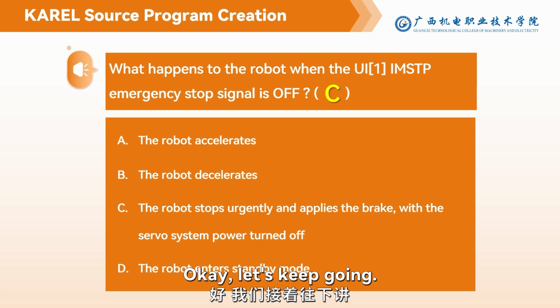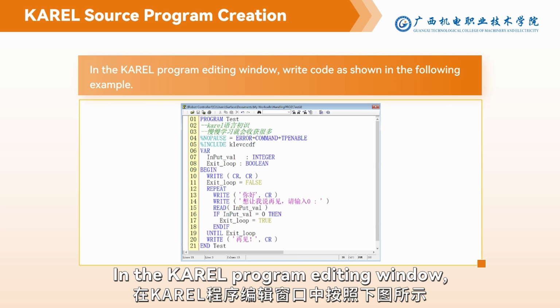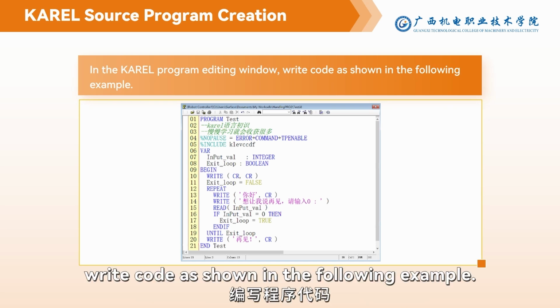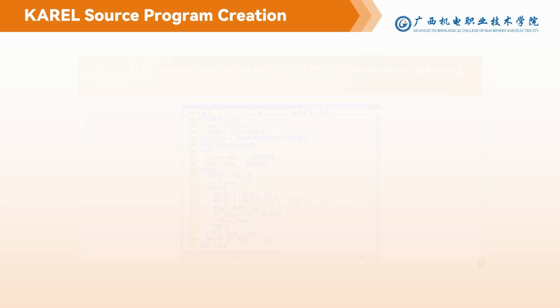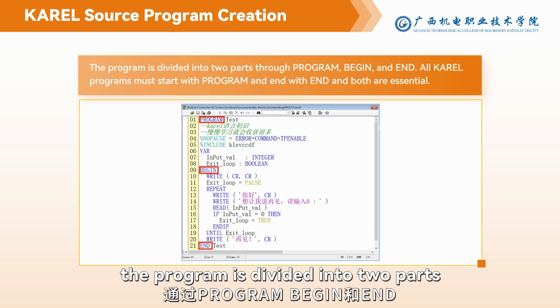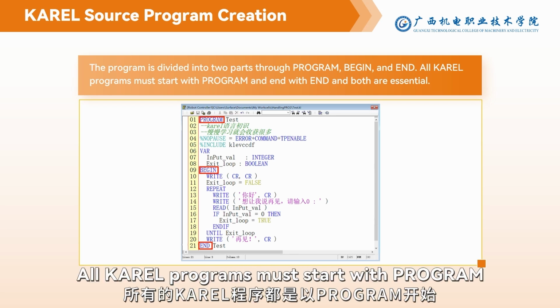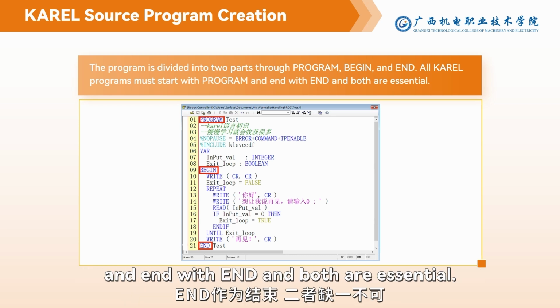Okay, let's keep going. Next, we will cover KAREL program writing. In the KAREL program editing window, write code as shown in the following example. From this example, we can see that the program is divided into 2 parts using program, begin and end. All KAREL programs must start with program and end with end, and both are essential.